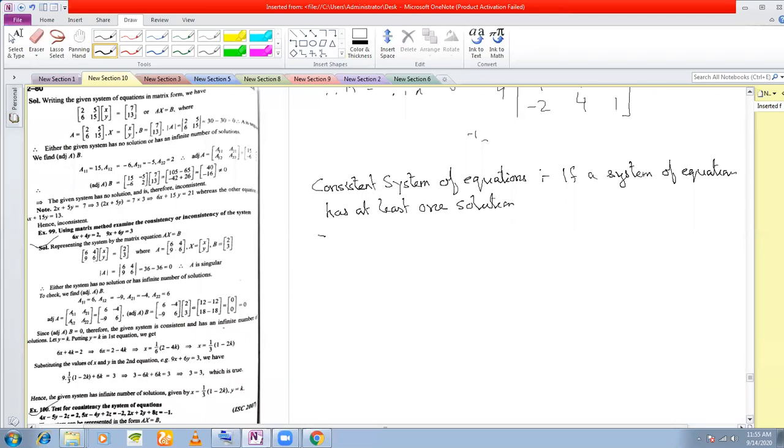An inconsistent system of equations means a system of equations that has no solution.